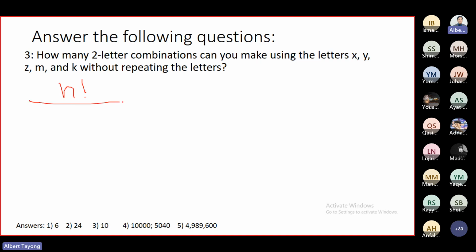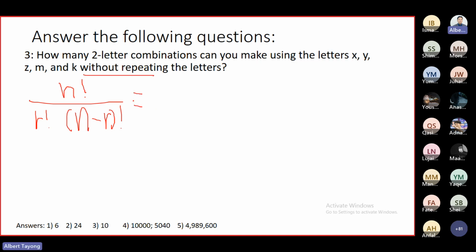And I forgot my drawing pad actually, so I have to write like this. So this is the formula: n factorial over r factorial times the quantity of n minus r factorial. This is combination without repetition.